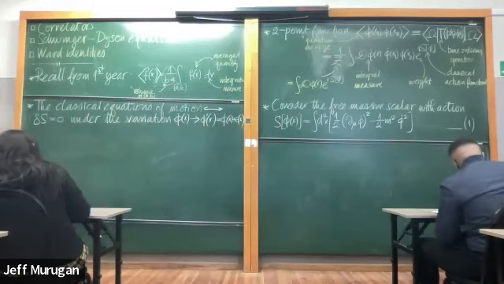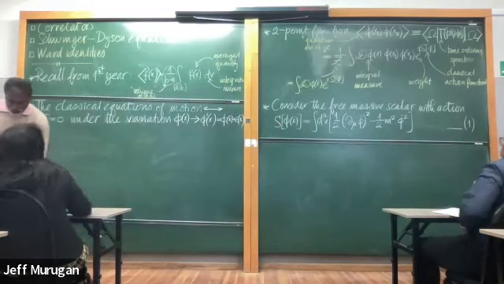Or you might call it delta phi, but this is called epsilon because we're going to need it as it follows.